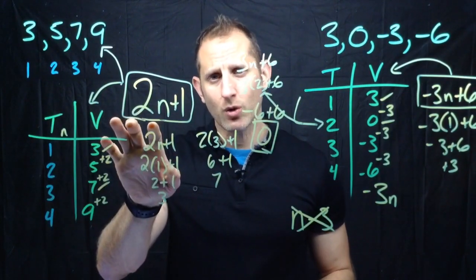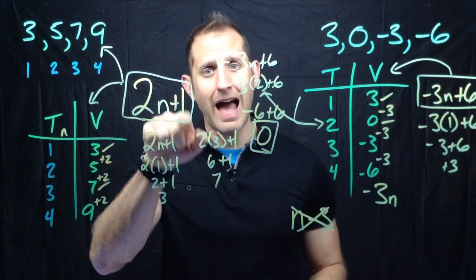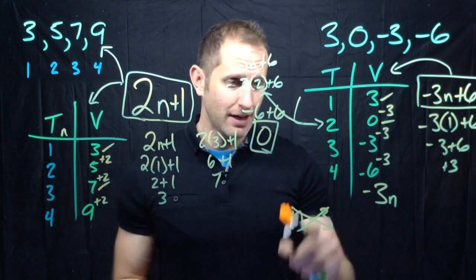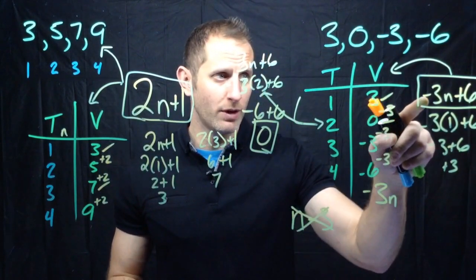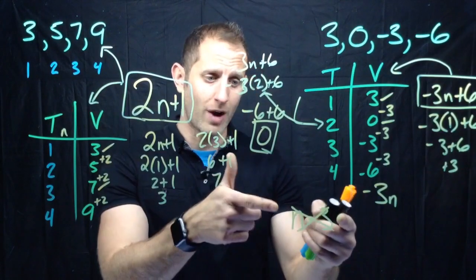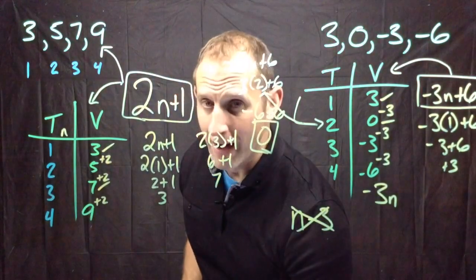Then check and make sure that you actually get the value that you need. If you don't, you have to then add or subtract to get to where you have to go. One last thing, don't forget that you always want to put the number in front of the variable so you can show the multiplication. Otherwise, it gets a little more confusing. And that's how you'd solve for a pattern rule.